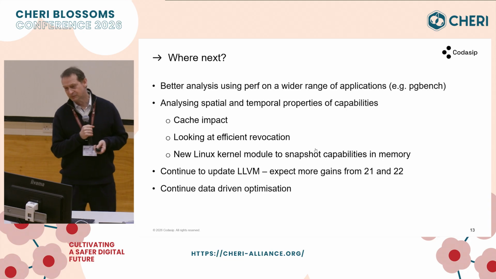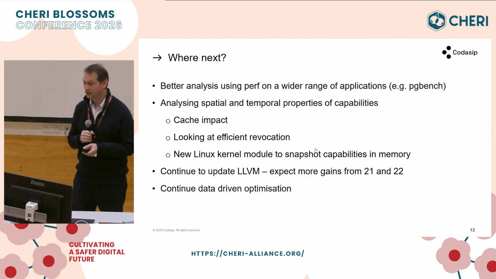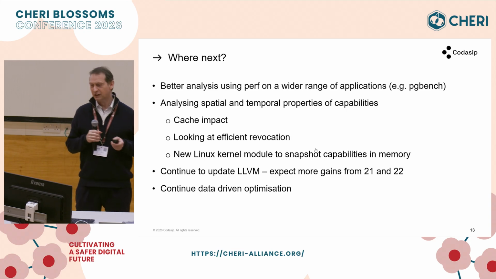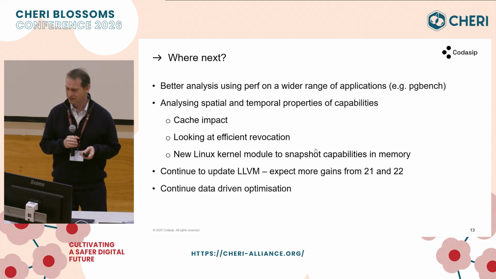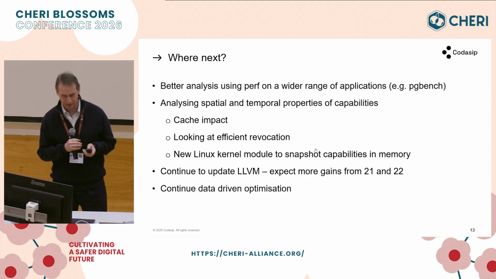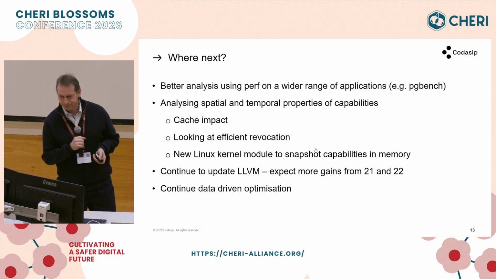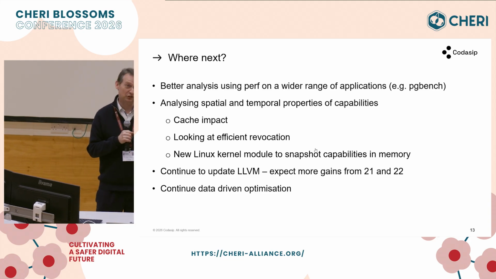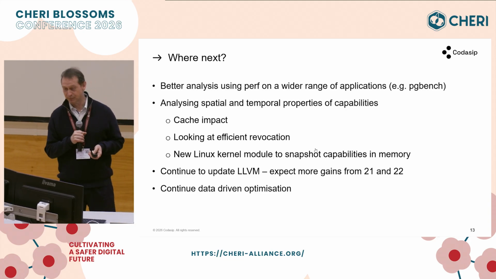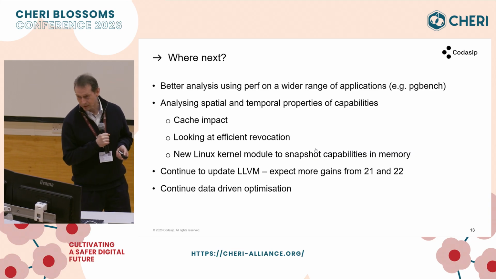As I said, we're looking to understand more about spatial and temporal properties of capabilities and whether there's stuff we can do there to optimize, particularly for things like revocation as well, whether we can use the knowledge gained to help us there. And as I mentioned, cache impact as well, because we believe at the microarchitectural level that's probably a very big impact. Well, we know it is.